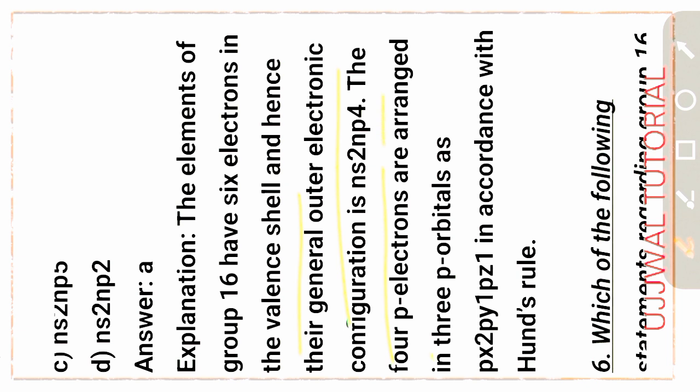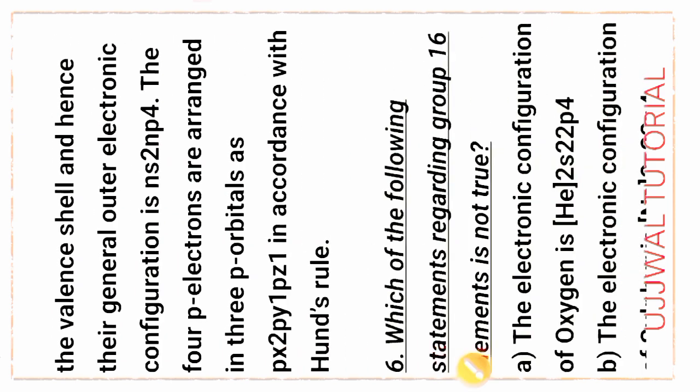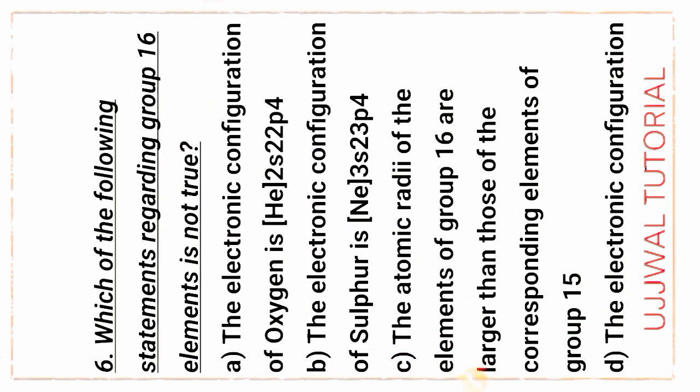The np electrons are arranged in p orbitals as px2, py1, pz1, in accordance with Hund's rule. Clear?